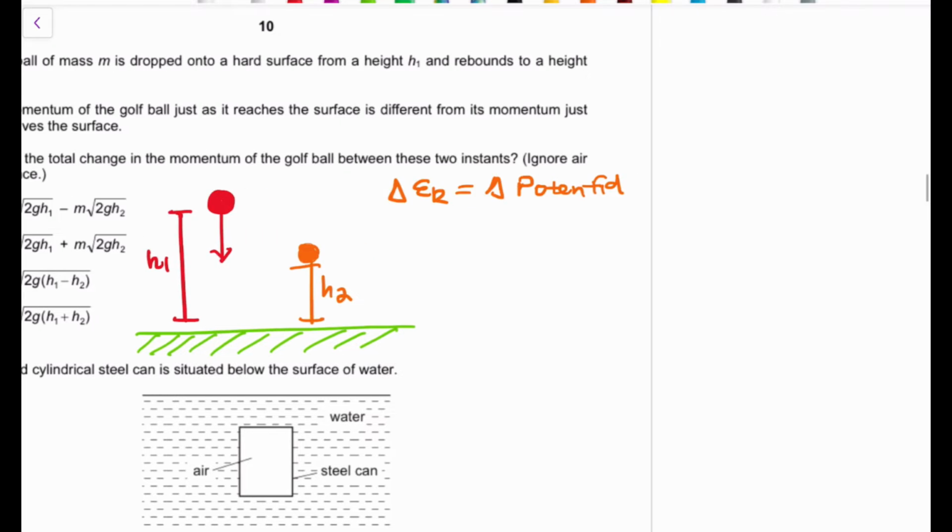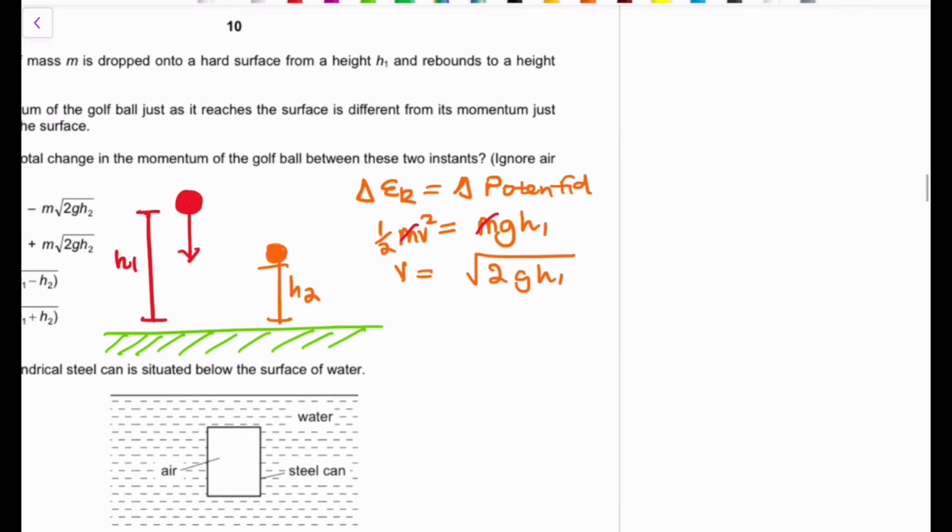So in the first scenario, our kinetic energy, which is half mv squared, will be equal to mgh1. The m cancels, and we're left with v being the square root of 2gh1. So that's the first scenario.